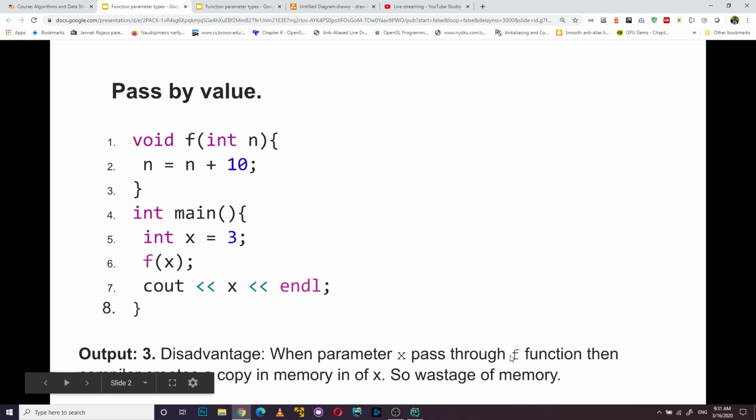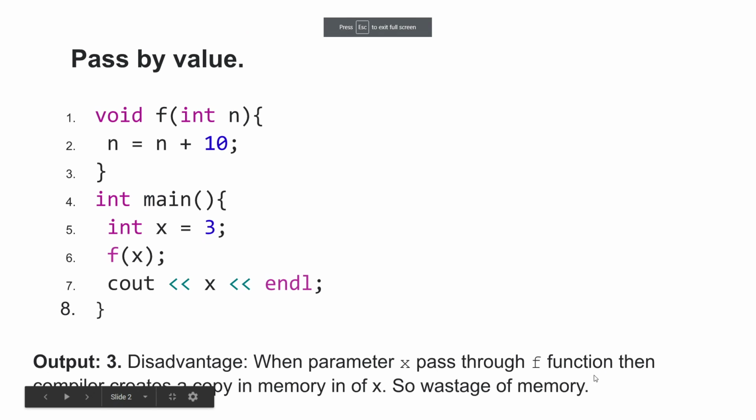As you see here, the disadvantage is that when you pass parameter x through a function, the compiler creates a copy of x in memory. And here is a memory leak.